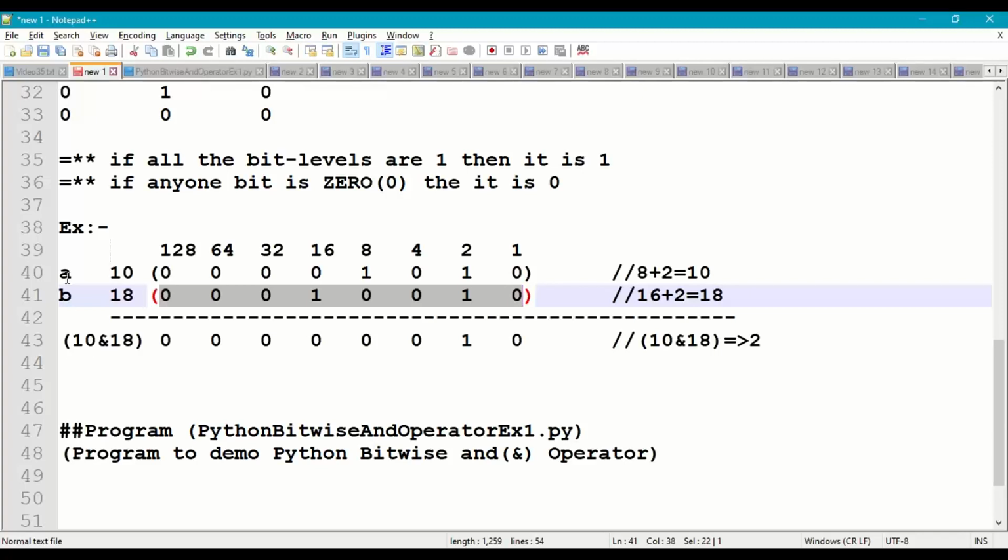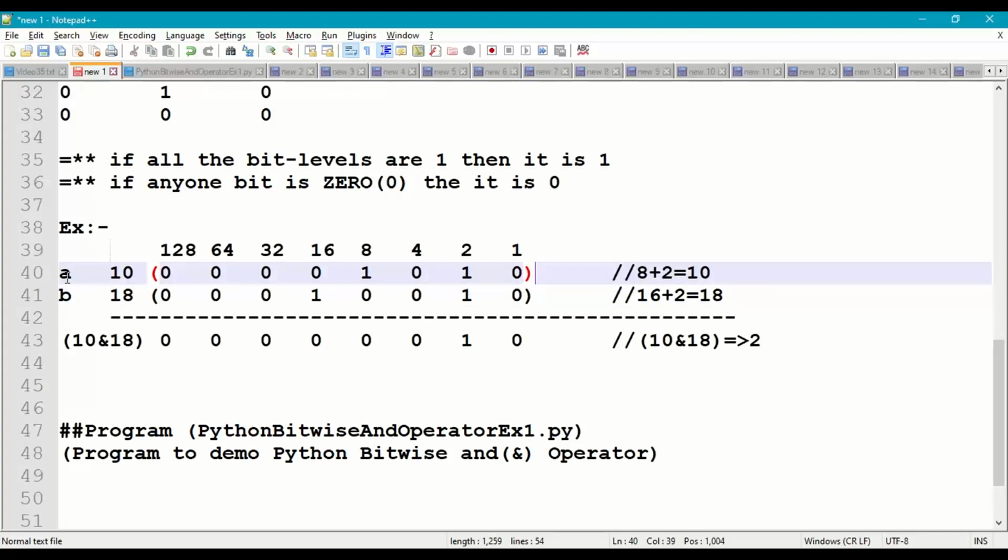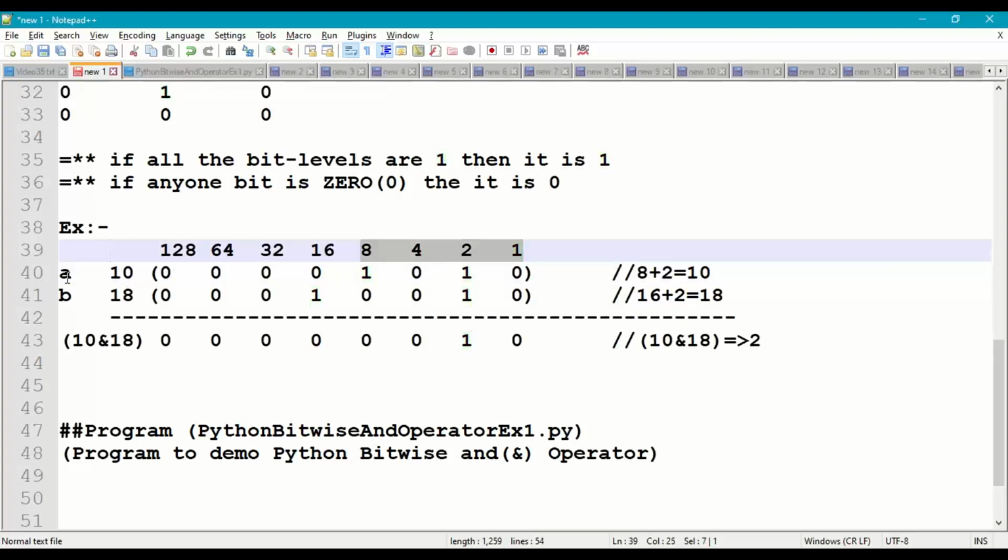Now, what are the decimal equivalent values for these binary values? The rightmost side is the least significant bit, and the leftmost side is called the most significant bit. The corresponding values will be 1, 2, 4, 8, 16, 32, 64, 128. First let us perform this operation, and then we will use those values to convert into a decimal number.